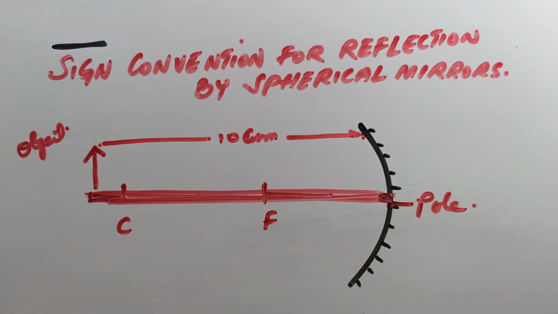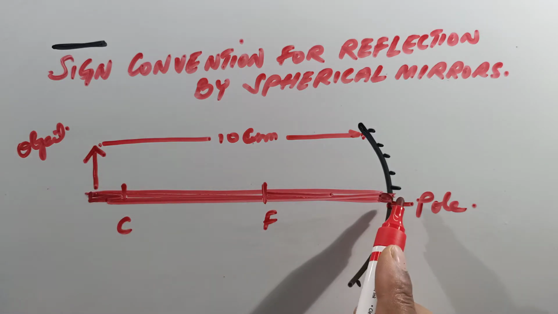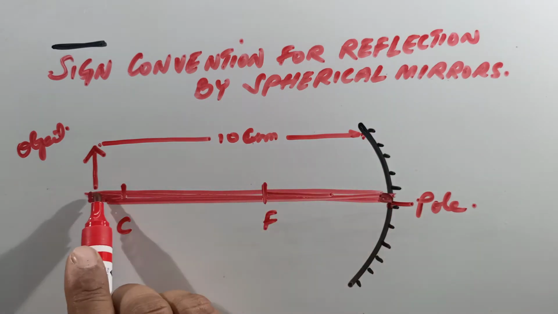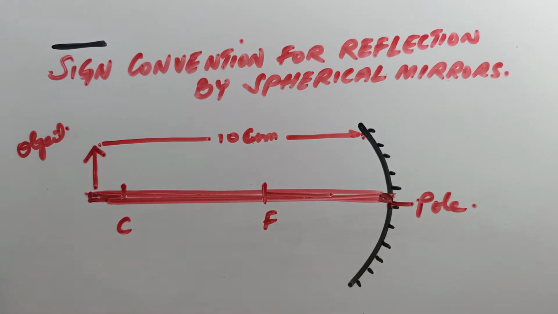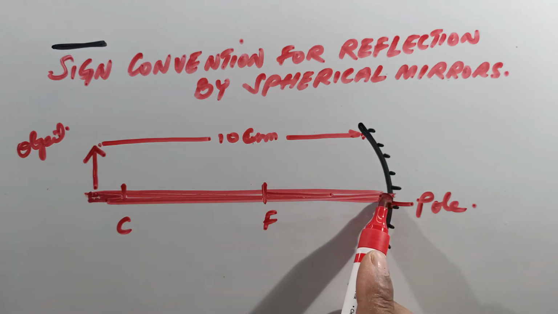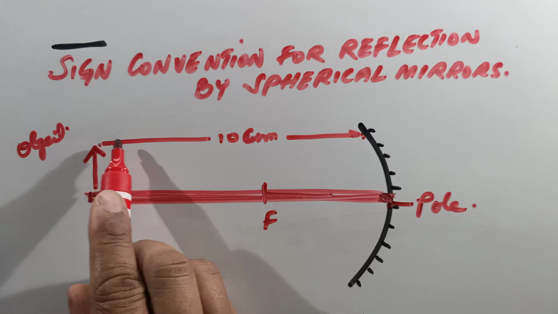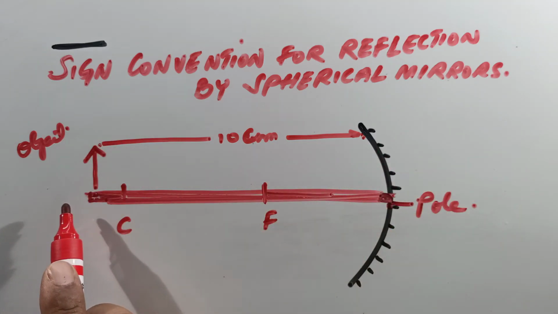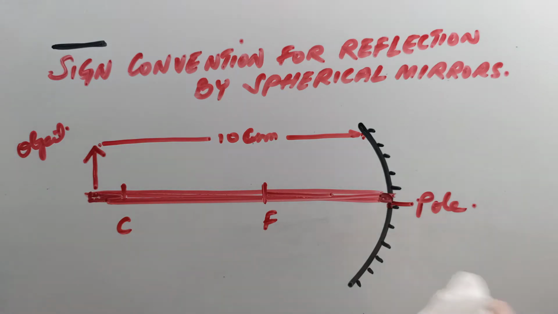Now you may be wondering why I'm giving you this example. When you measure from this point to this point, it's 10, of course. But there is a problem. If you're measuring in this direction, it will be positive. But if you're measuring in this direction, it will be negative. Now, let me make it more clear.